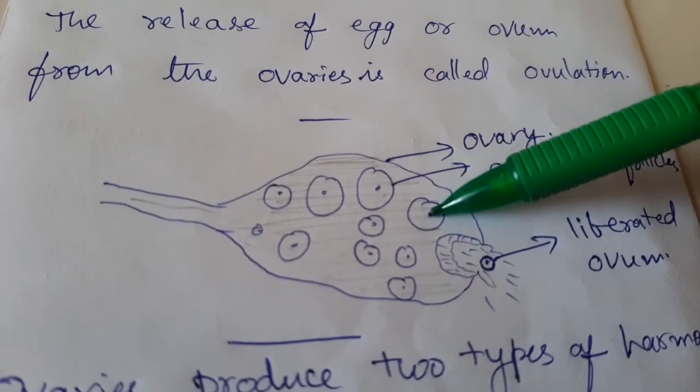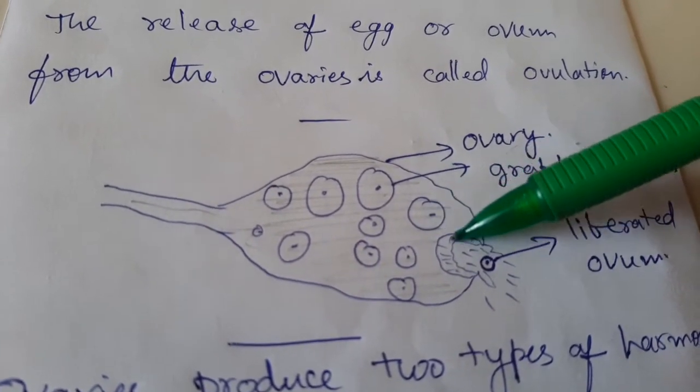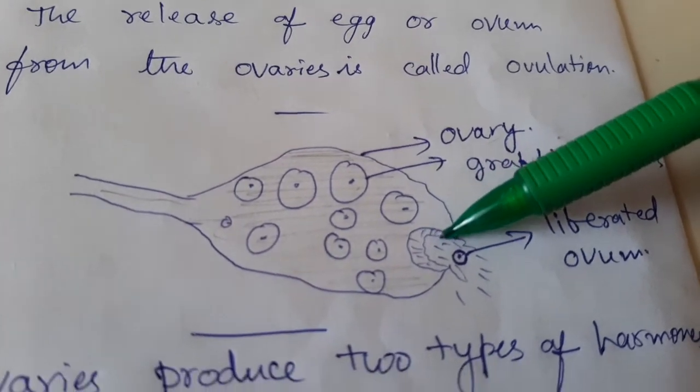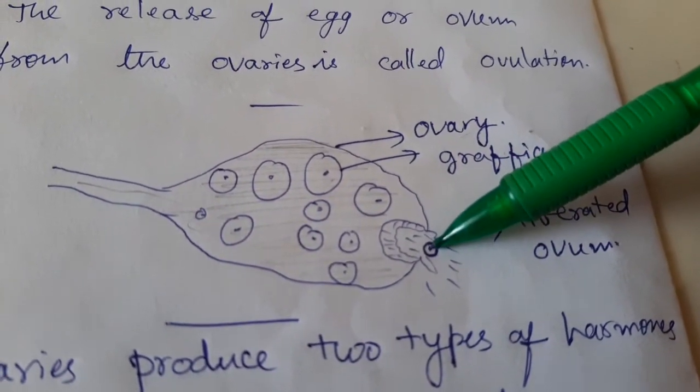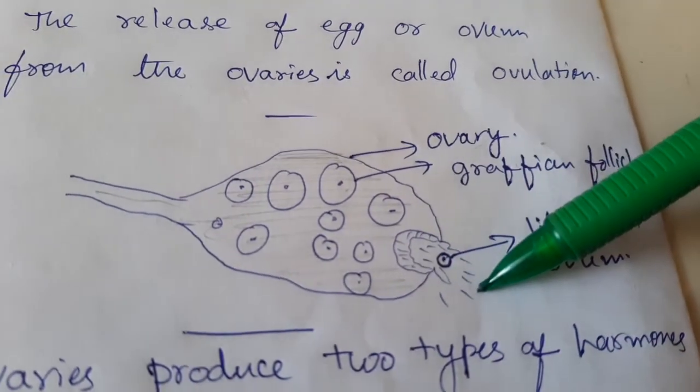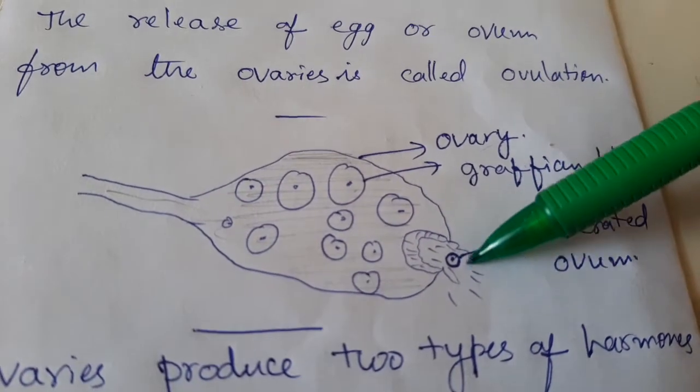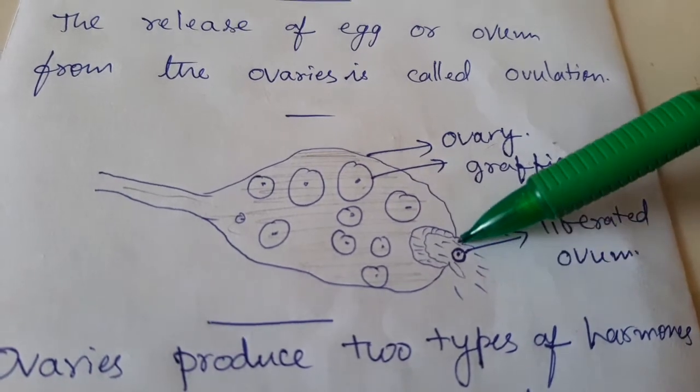After maturing, the Graafian follicle ruptures at the surface of the ovary, so that the ovum will be flushed out, comes out, and it enters into the abdominal cavity.